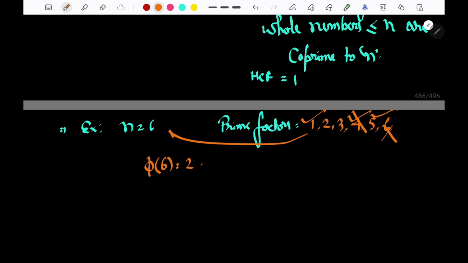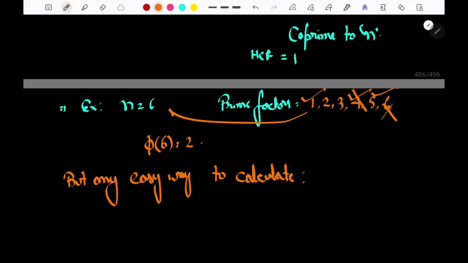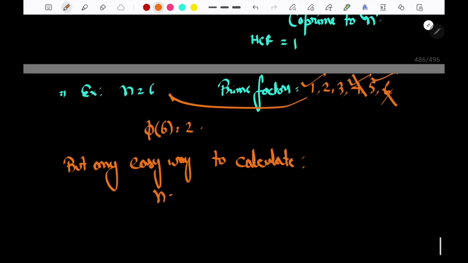Now, is there any easy way to calculate? Yes, there is an easy way. Again, we will not go into the derivations, we'll see the conclusion.